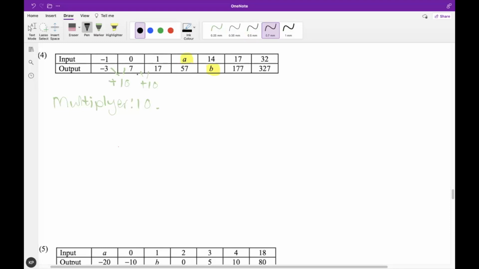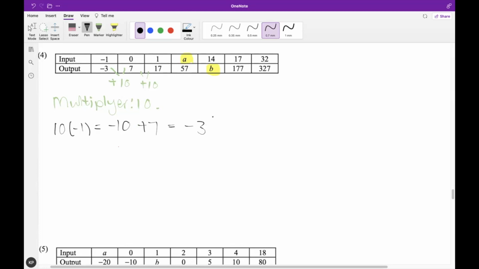All right, so let's start with the first one. 10 times negative 1. What's 10 times negative 1? Ten times negative 1, that's negative 10, but that's not the answer we want. So what do we have to do to get to negative 3? Think of the number line. Nice. We have to plus 7. Plus 7.